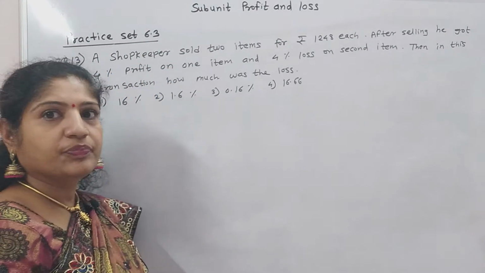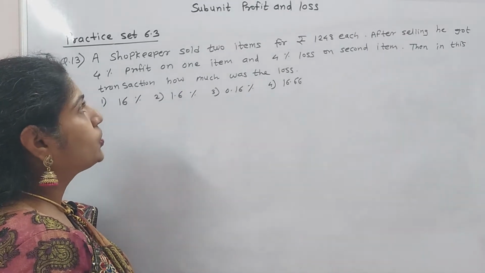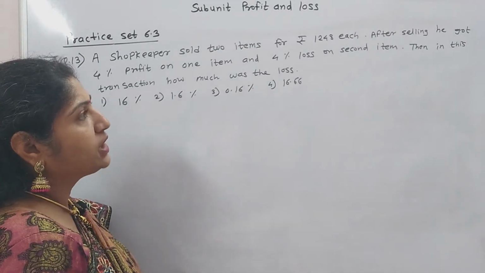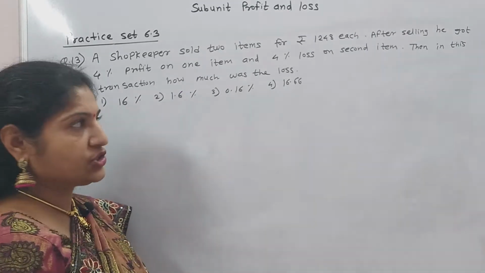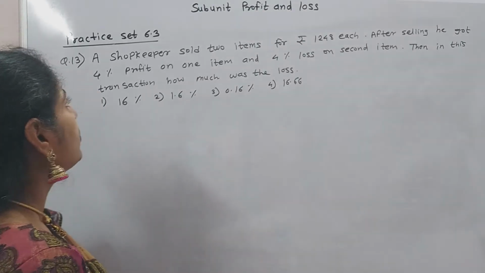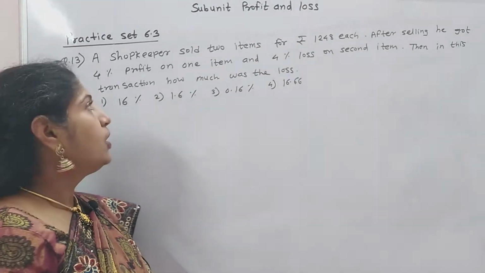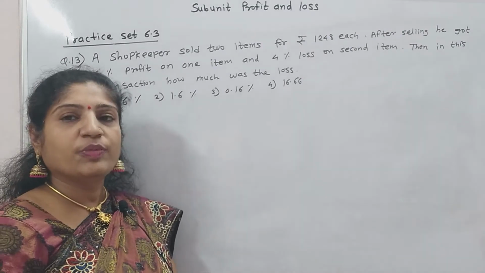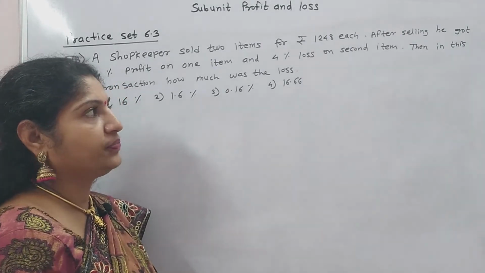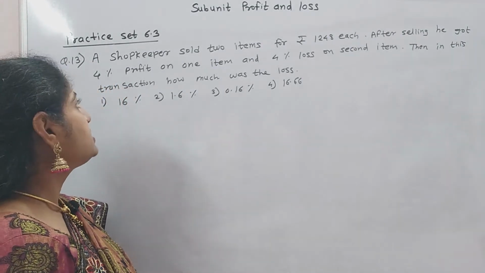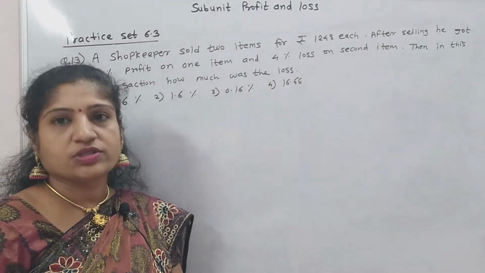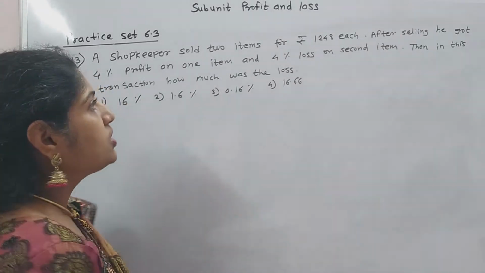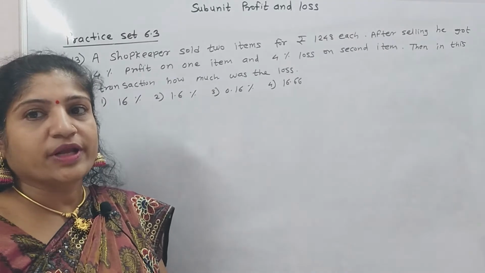Example 13. A shopkeeper sold 2 items for rupees 1248 each. After selling, he got 4% profit on the first item and 4% loss on the second item. In this transaction, how much was the loss? Loss or profit is on the cost price.